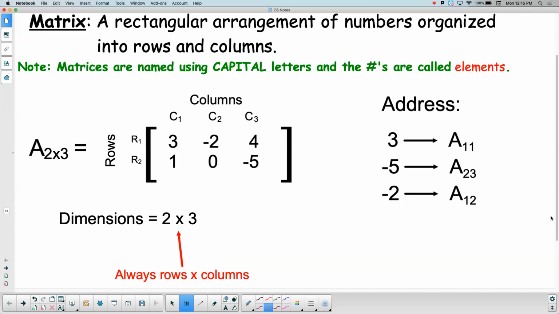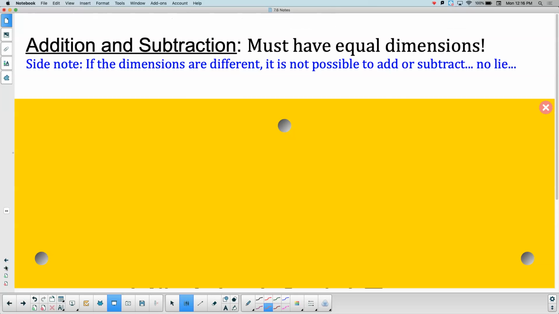Okay. We can do many things with matrices. First off, we can add and subtract them. In order to add or subtract two matrices, the dimensions have to be exactly the same.